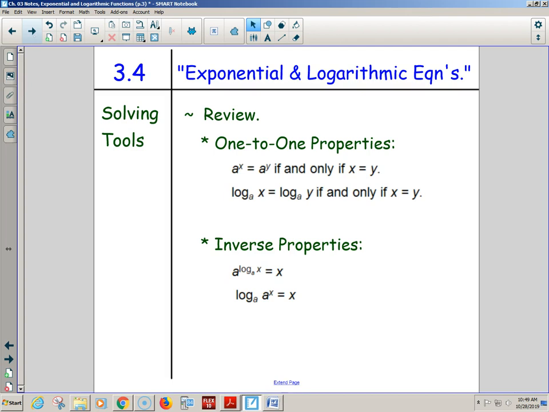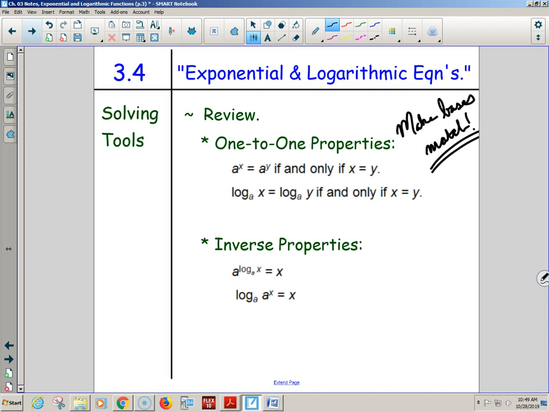Addition, subtraction, multiplication, roots. Who knows? But specifically, exponential and logarithm. The 1-to-1 property we don't mind. You can write that little thing that you guys told me and that I've been telling you: make the bases match.